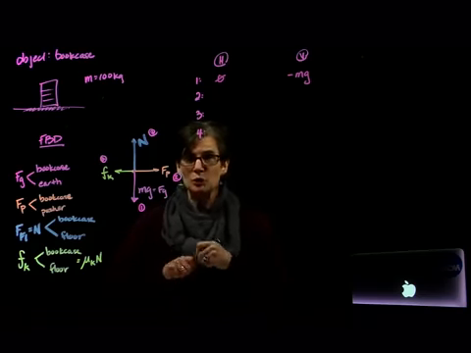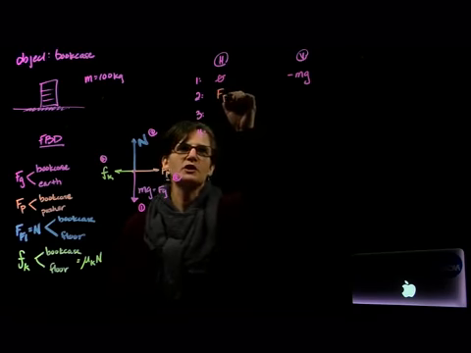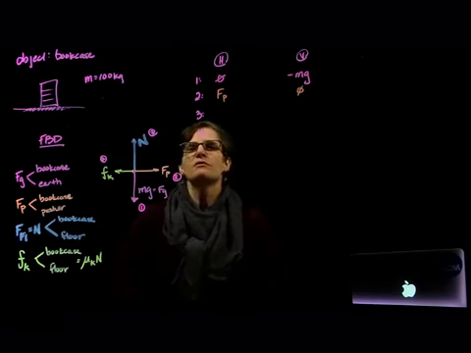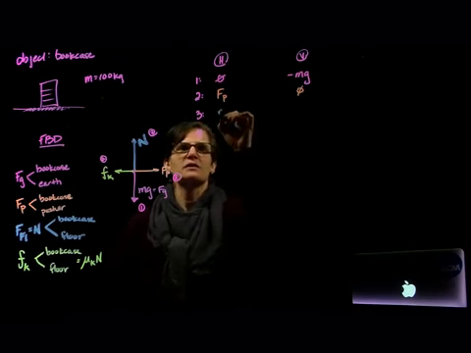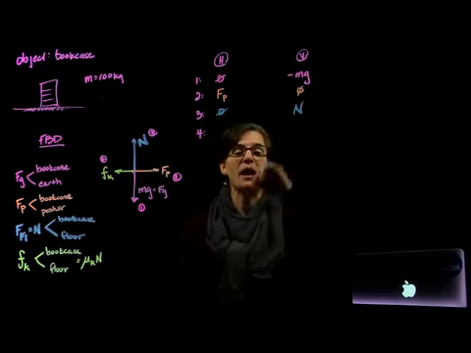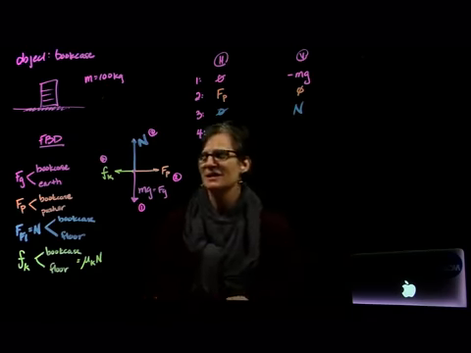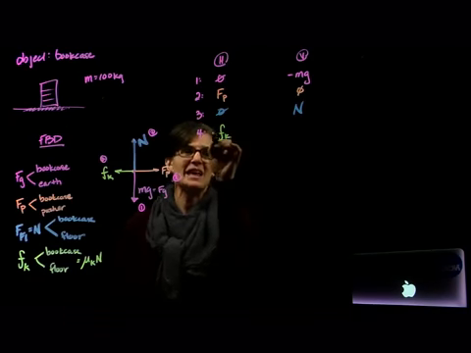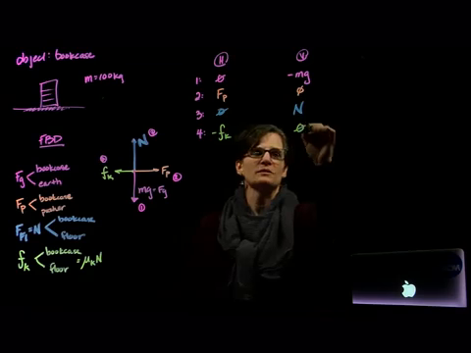Force number 2, that's the force of my push, and it doesn't have any vertical component. Force number 3, there's no horizontal component, but we do have a positive vertical component. And force number 4, it's the kinetic frictional force, and it's pointing to the left, but we have no vertical component.